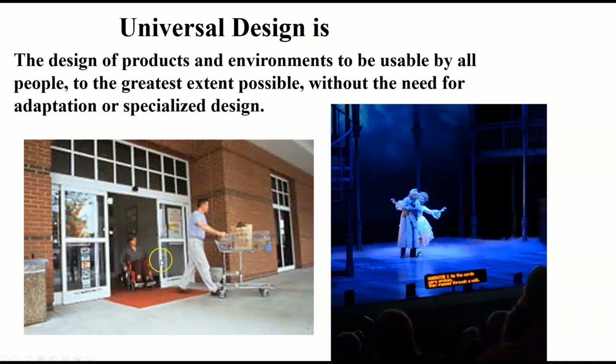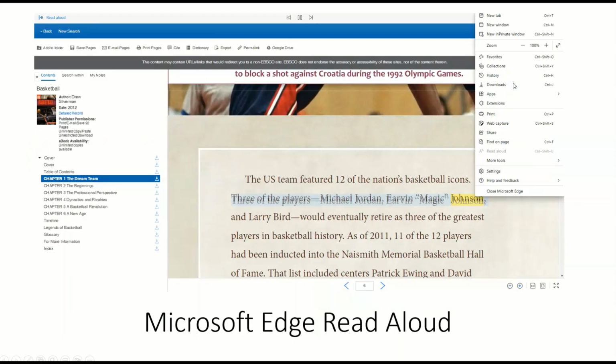So they benefited everyone. A lot of theaters, I think I mentioned this earlier, have added captioning because they realize not only do people with hearing disabilities like that, a lot of people just don't focus well and like to see a play in text in captions. So when you're doing universal design, you're helping everyone.